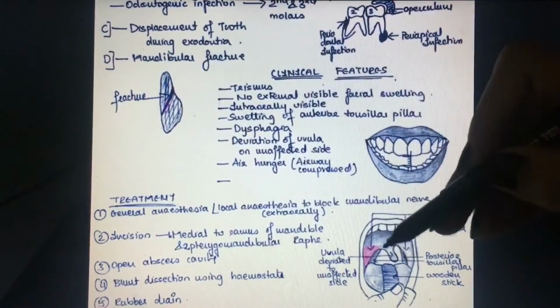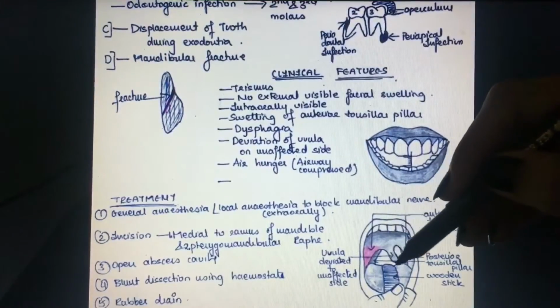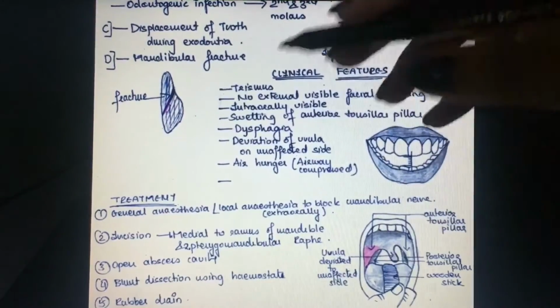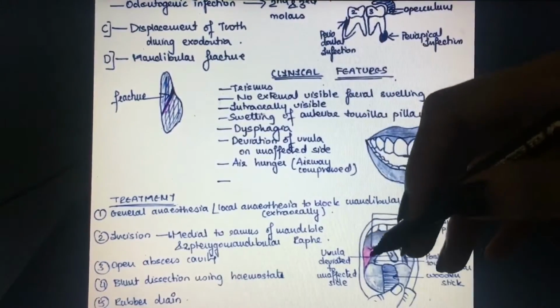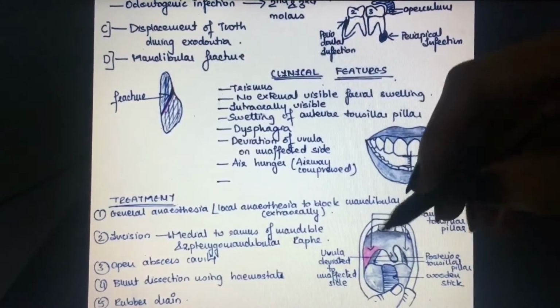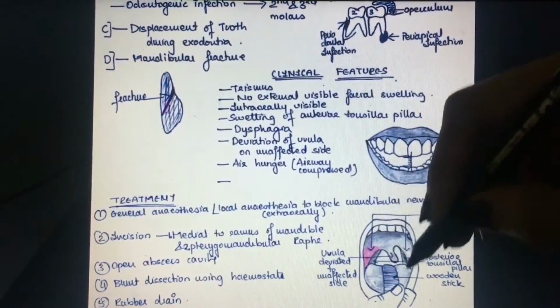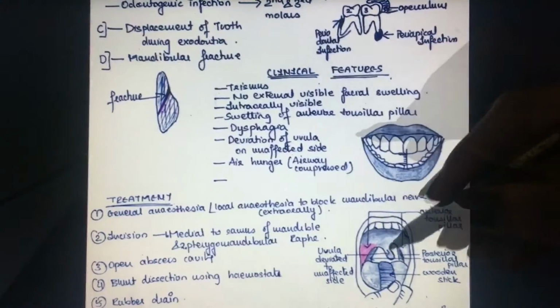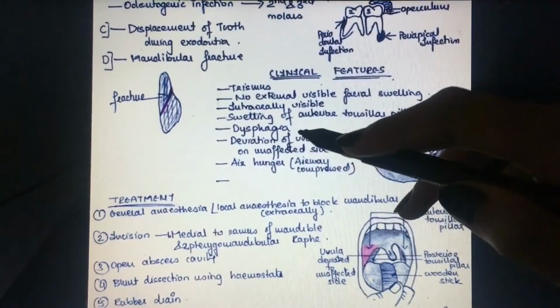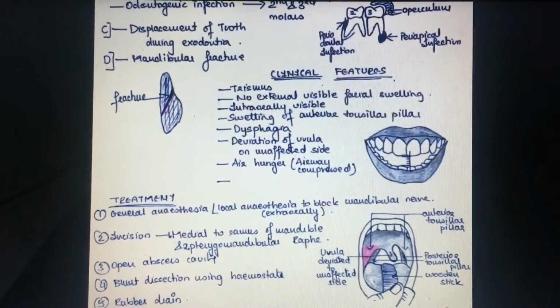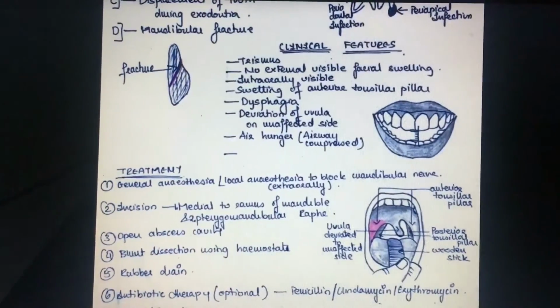There will also be deviation of the uvula to the unaffected side. And the next point is that because of this swelling over the tonsillar pillar, there will be a compressed airway passage, which may eventually cause air hunger. And that was the last clinical feature of pterygomandibular space infection.